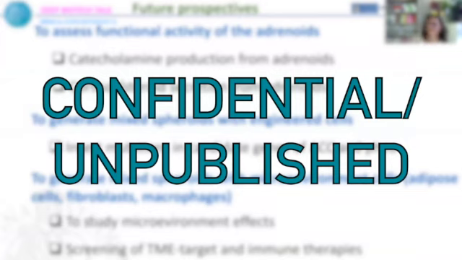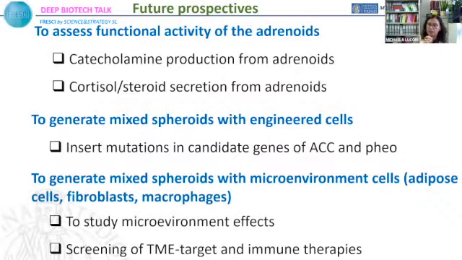So all these types of models, in particular the 3D models, are really important for studying the different abilities of the tumor cells to behave in the growing mass, and they are really functional to assess the functional activity of the adenoids.